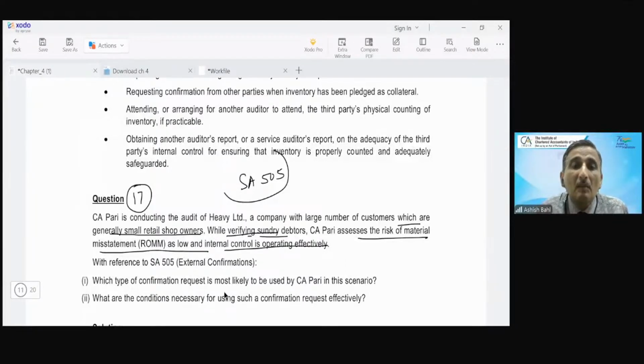Now, which type of confirmation request is likely to be sent by the auditor in such a case? Yes, negative confirmation. Yes, Ms. Mansoori, you are right. And the conditions are the same as we had done sometime before. Okay.